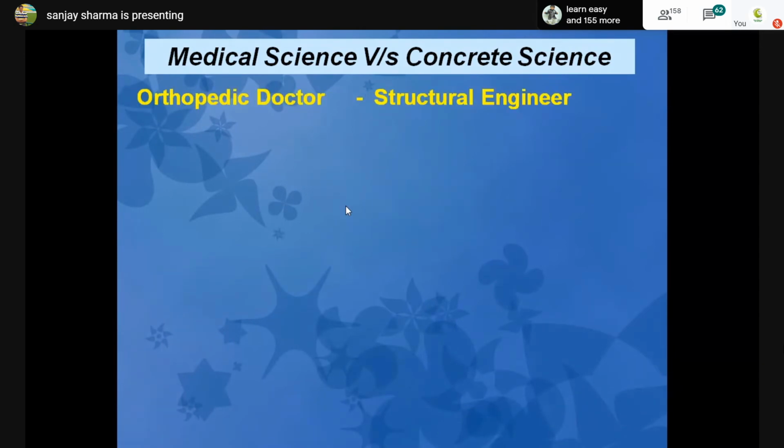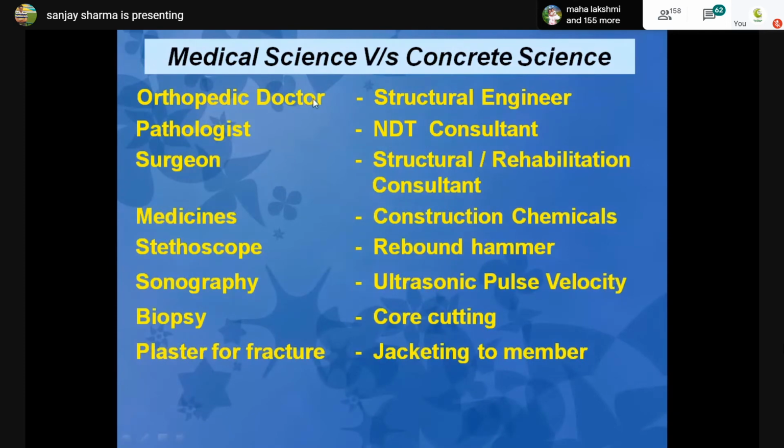And this is one thing which has been compared with medical science versus component supply. The orthopedic doctor is your structural engineer, the pathologist is your NDT consultant, the surgeon is your structural and rehabilitation consultant, medicine is construction chemicals, stethoscope is your rebound hammer, sonography is your ultrasonic pulse velocity, biopsy is core cutting, and plaster for fracture is the jacking of the member.